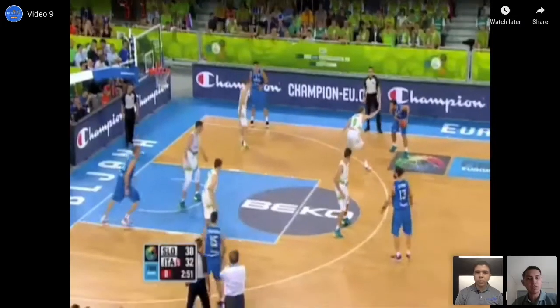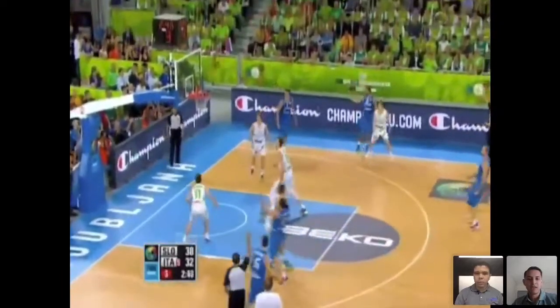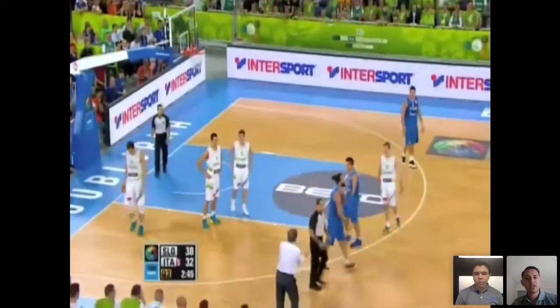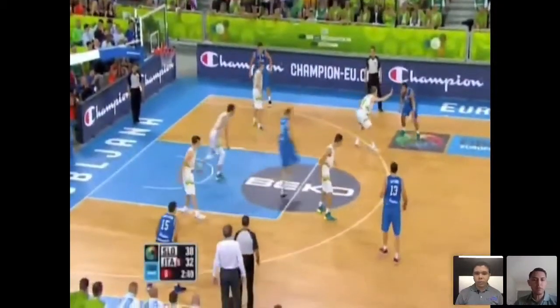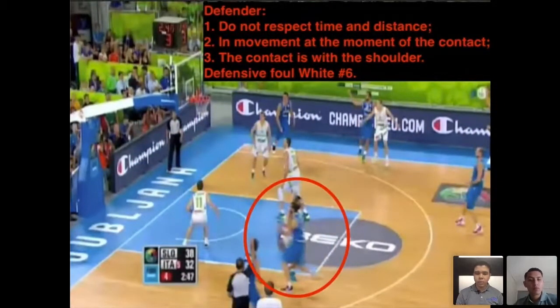We have a potential rebound situation, and then we have number 13 blue, who is the offensive player, going to the basket, and then we have the white player number 6 going into his path, impeding him from having the opportunity to get the rebound.